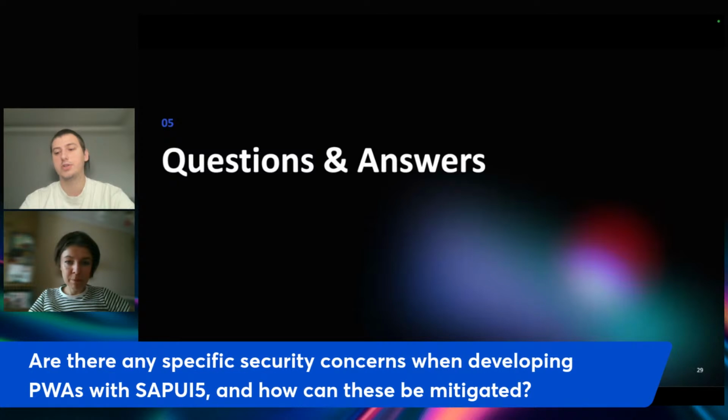And the next thing is that we need to be careful with our service worker and different cache strategies to avoid outdated data for users where it should be up to date. And also we have the same concerns and issues as we have in standard web applications, like CORS and other things.